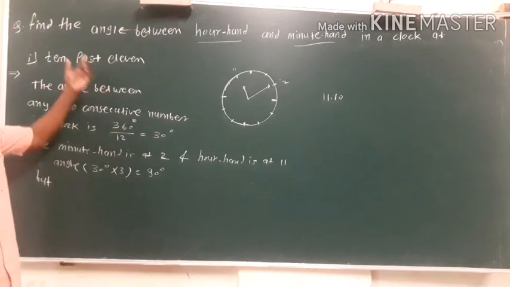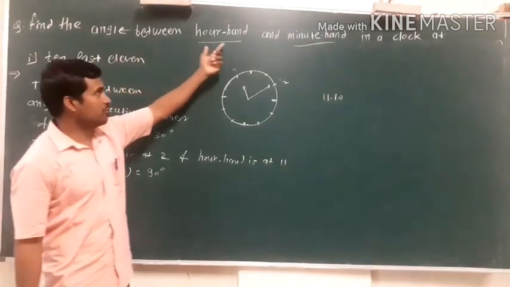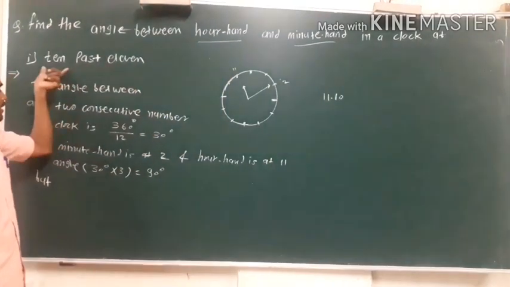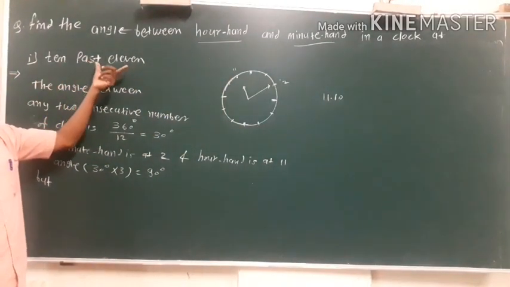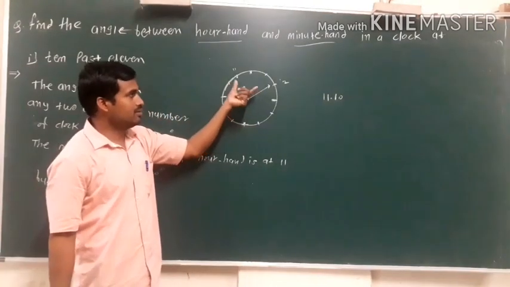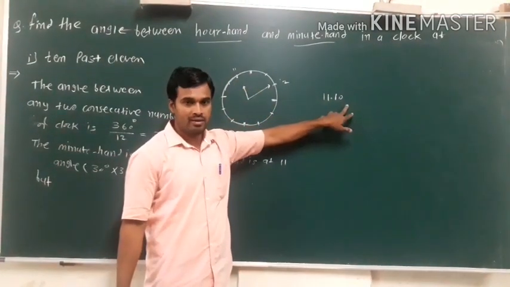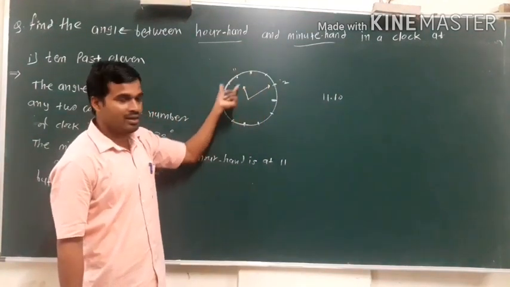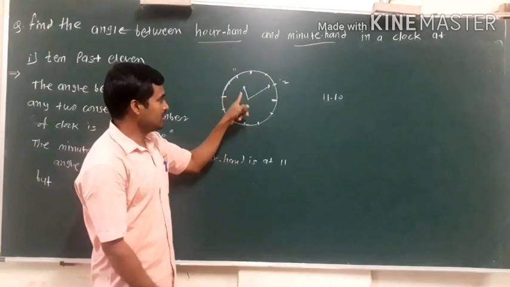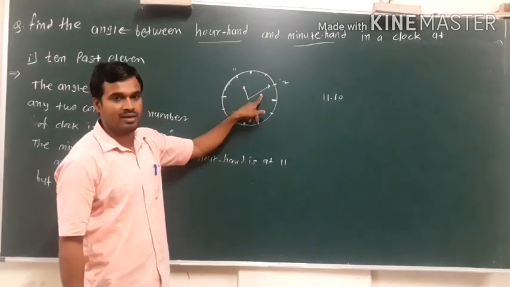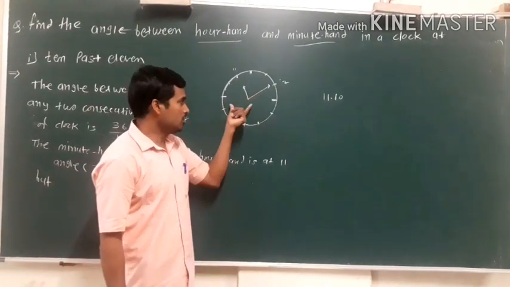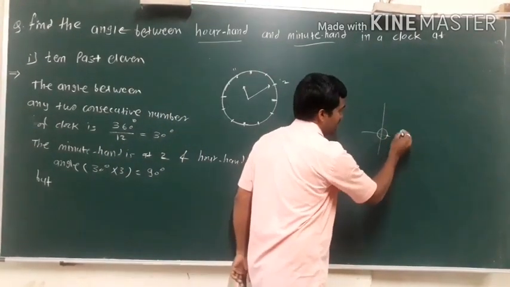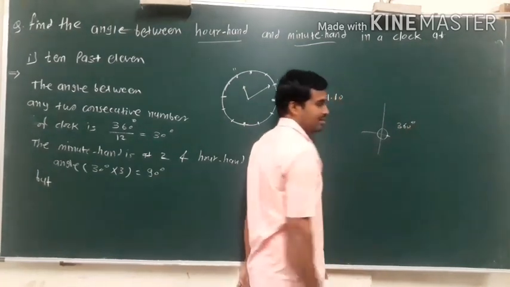The next question is: find the angle between the hour and minute hand in a clock. The first example is 10 past 11. 10 past 11 means 11:10. So this type of diagram: these are the hours and these are the minute hand. Total complete rotation means 360 degree.